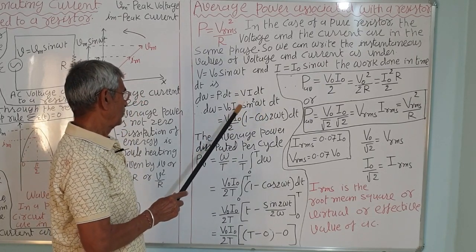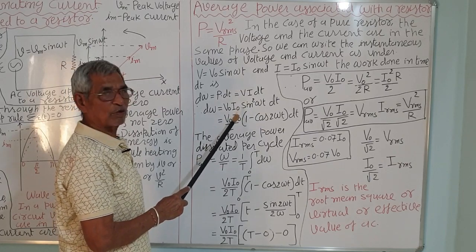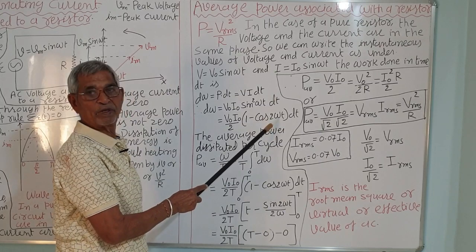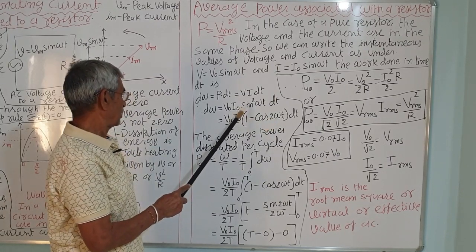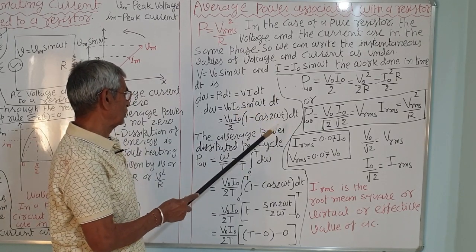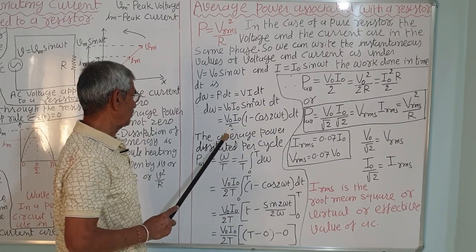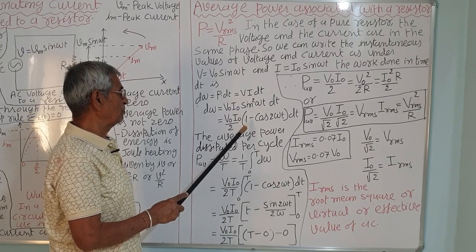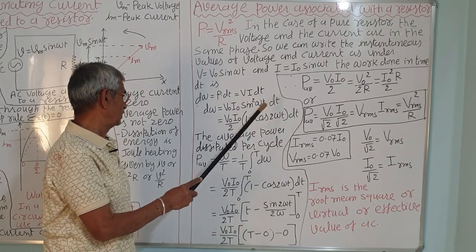Again I repeat, 2 sin square omega t is equal to 1 minus cos 2 omega t. Therefore, sin square omega t, 2 taken to this side, that is divided by 2. So that is equal to V0 I0 upon 2 into bracket 1 minus cos 2 omega t dt.